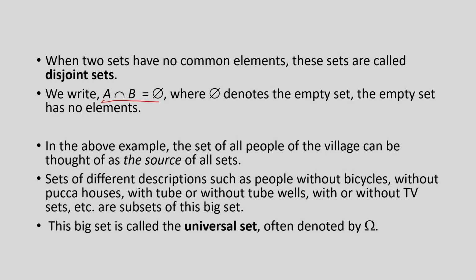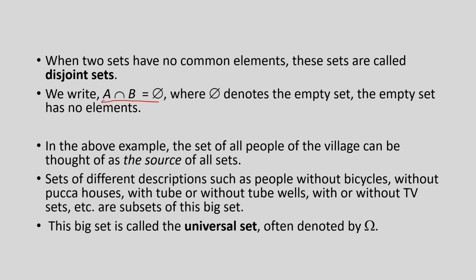What can be an example of an empty set? For example, if A is the set of odd positive numbers and B is the set of even numbers, then there is no element which belongs to both A and B. So, in that case, A intersection B will be an empty set.